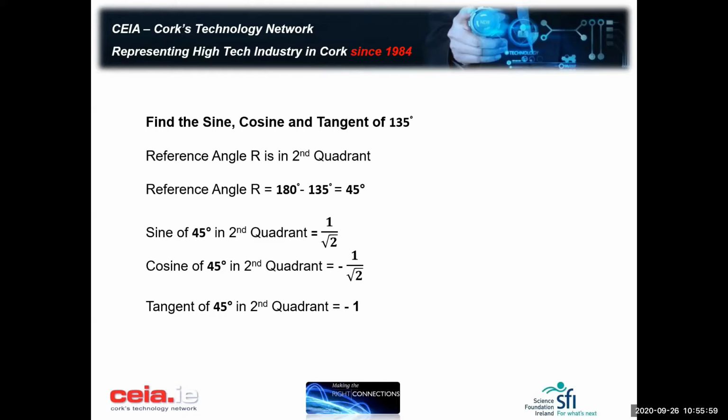The cosine and tangent in the second quadrant is negative. So the sine of 45 degrees is 1 over root 2, as we saw earlier. The cosine of 45 degrees in the second quadrant will be negative, so that's minus 1 over root 2. And the tangent of 45 degrees in the second quadrant will be negative, that's minus 1.